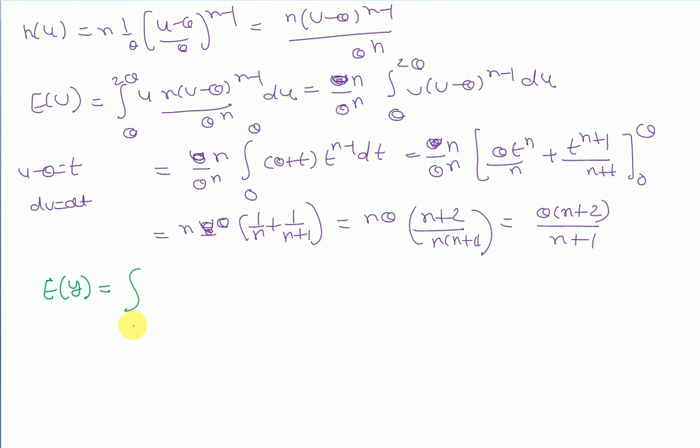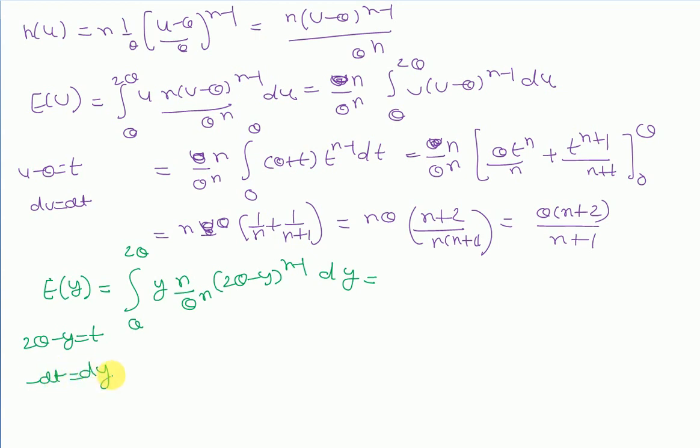Okay, let us write it again. Integral from theta to 2 theta of y times n upon theta raised to power n, and (2 theta minus y) raised to power n minus 1 dy, and again writing 2 theta minus y equals t, we will get minus dt equals dy.